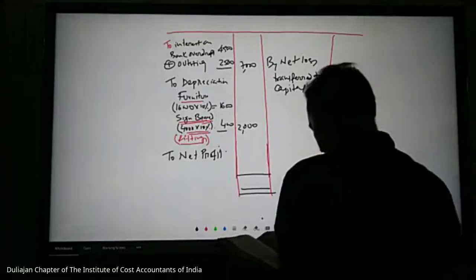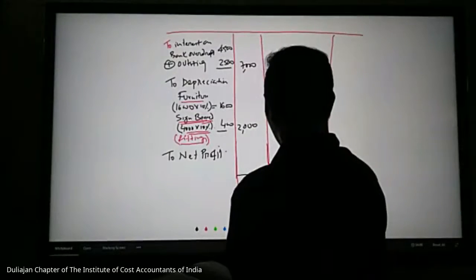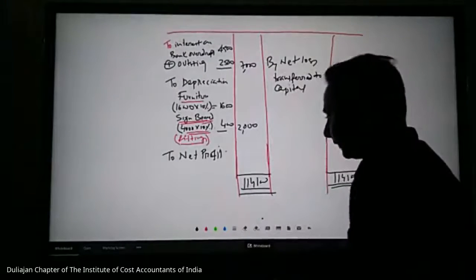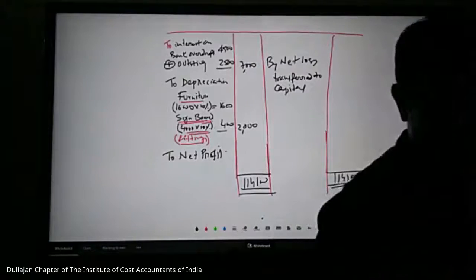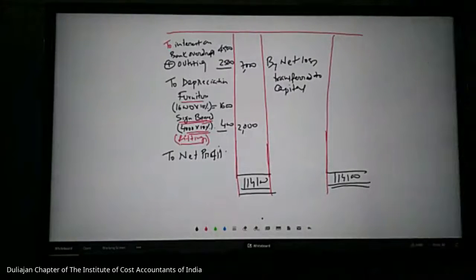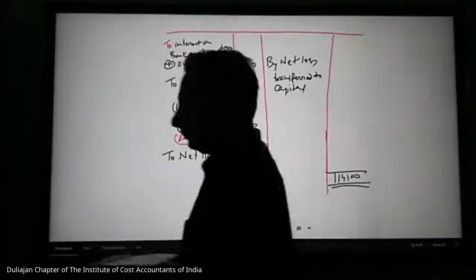One four one double zero, 14,100. What will be the net profit or net loss? 4,600 net loss. Yes, how much? 4,600.